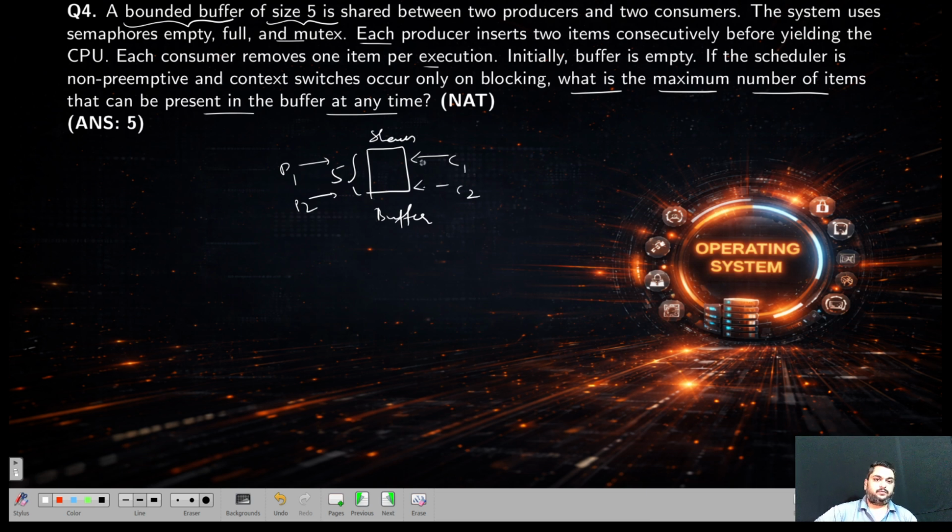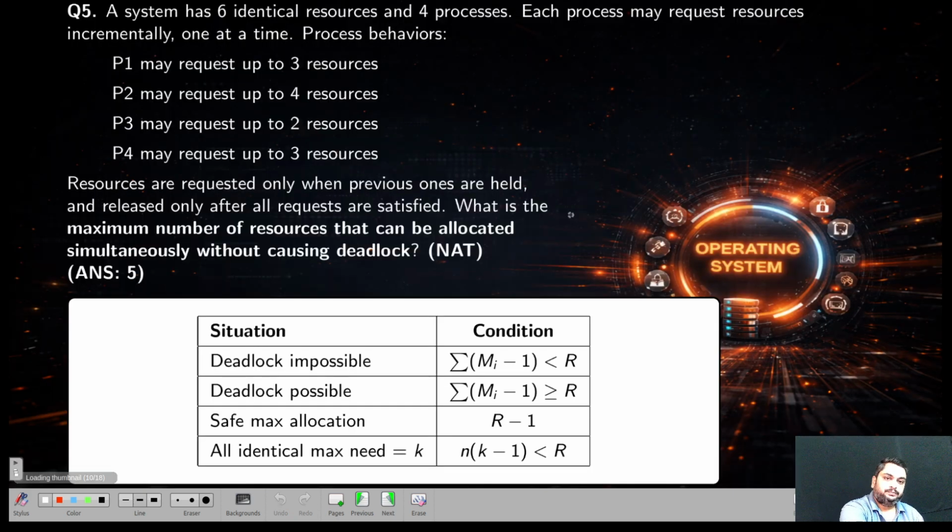At any point of time, you have to follow two rules, overflow and underflow. Based on that, you have to place your empty, full and mutex, that is wait and signal, using these semaphores, and then find out how many context switches may occur for the correct execution.